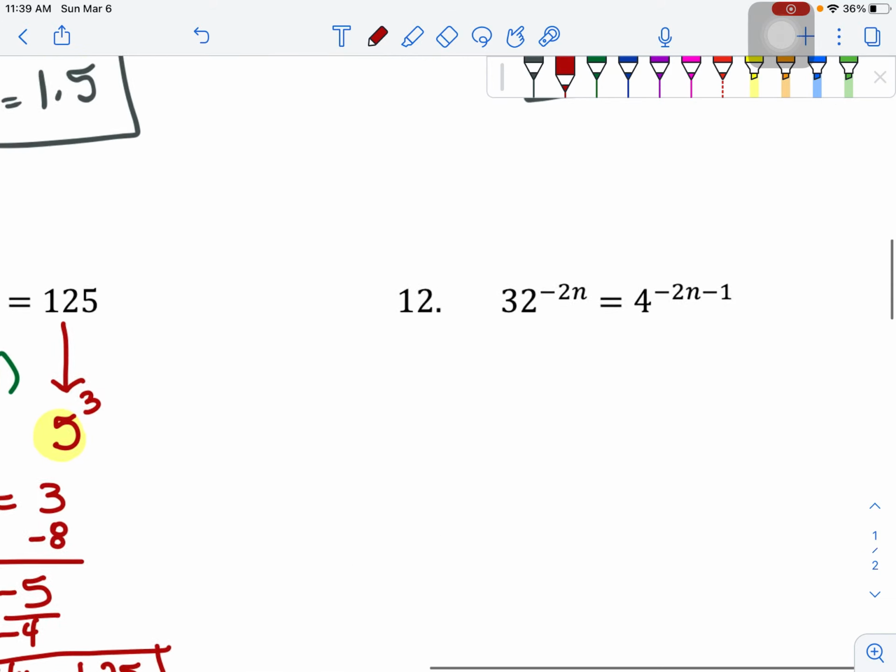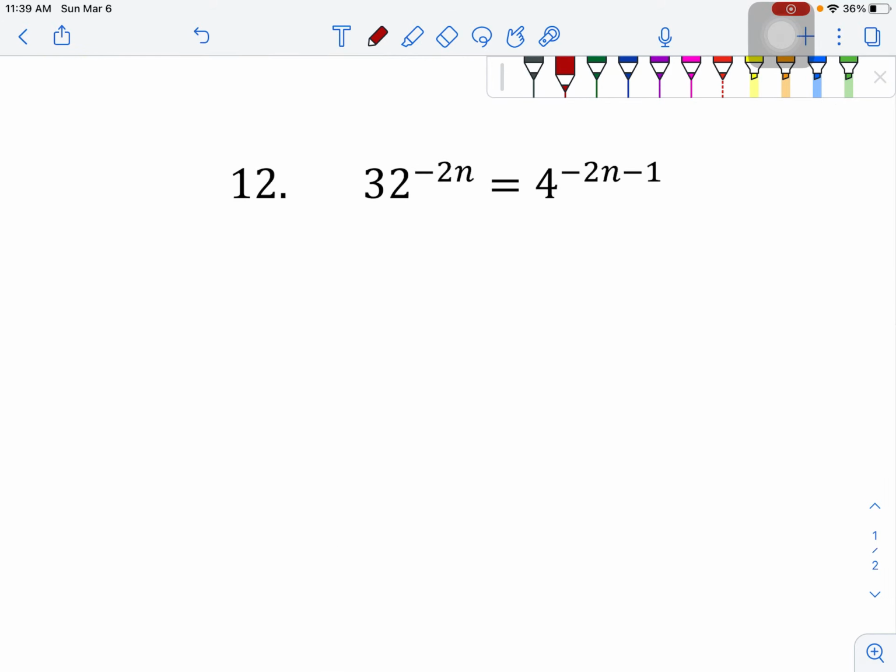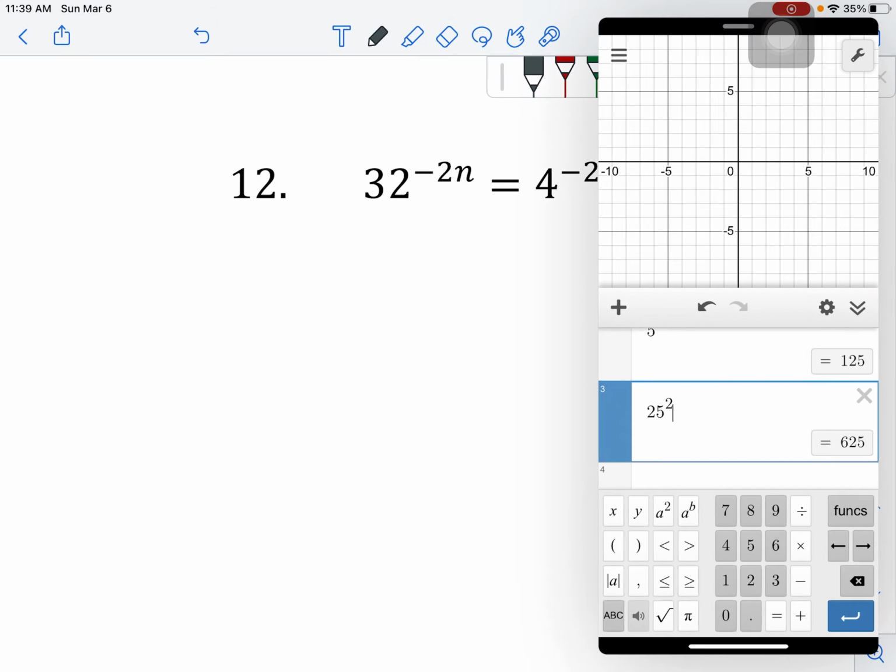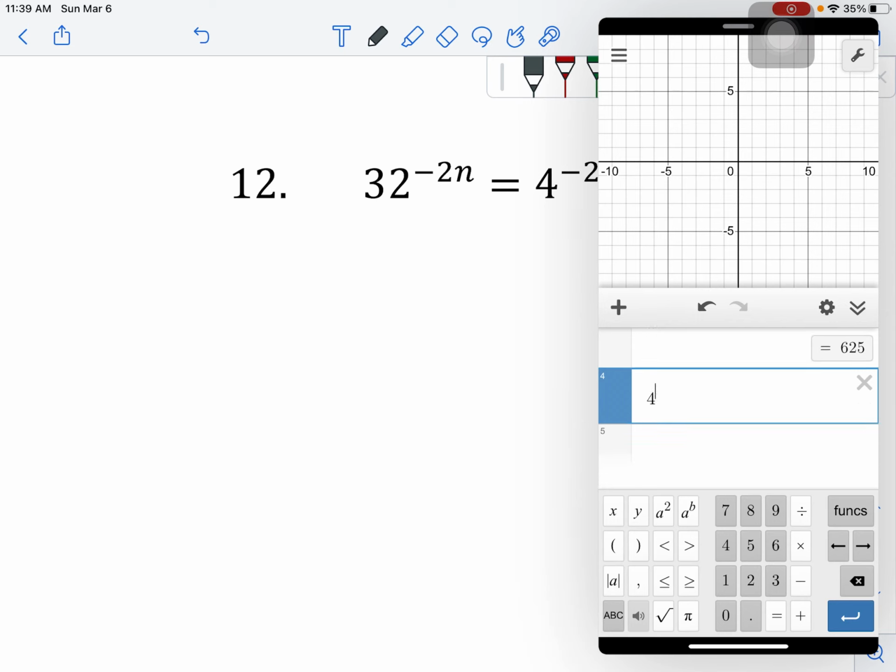Last one. And we're going to do this again on Tuesday, but 32 and 4. Can I make 4 become a 32? Let's see. 4 squared, no good. 4 cubed, I'm already at 64. I'm already bigger than that. So I can't even make a 4 become a 32. What if I make them both 2s?